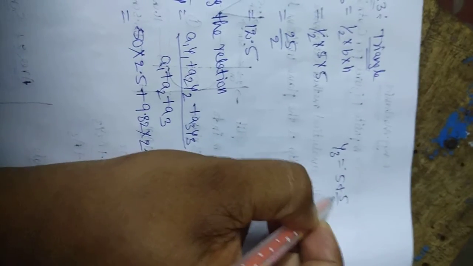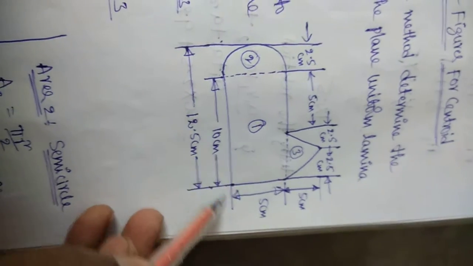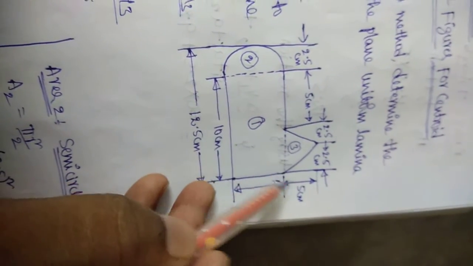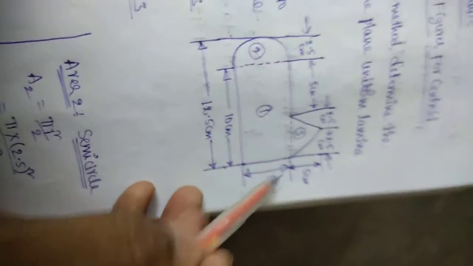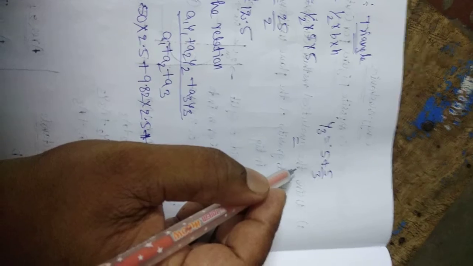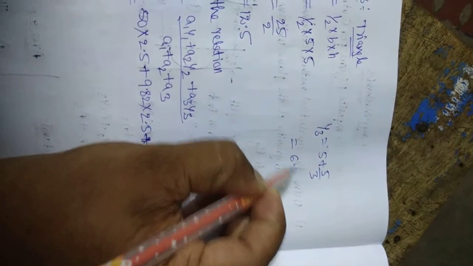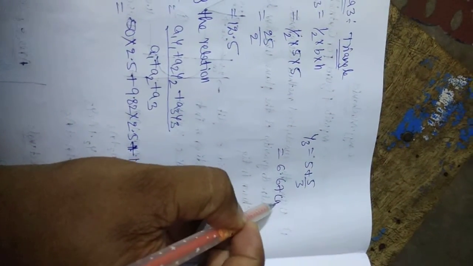What is Y3? Y3 is 5 plus 5 by 3, as we consider Y3 from the bottom, which is 6.67 centimeter.